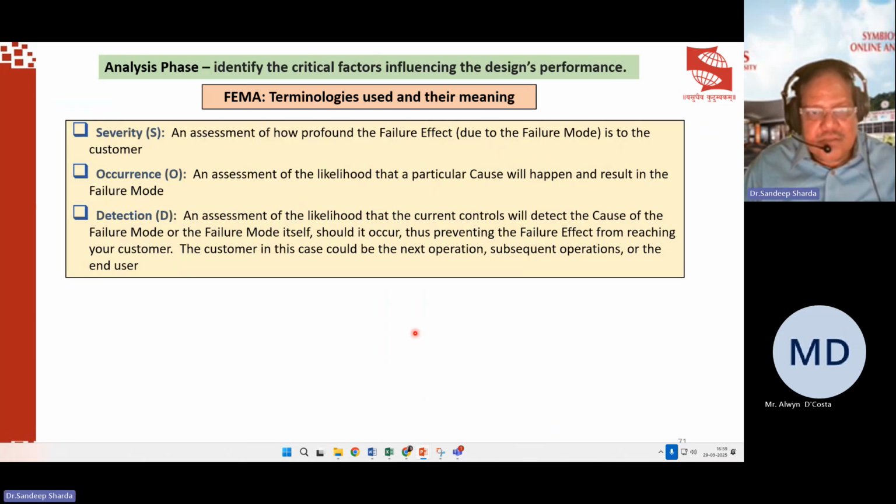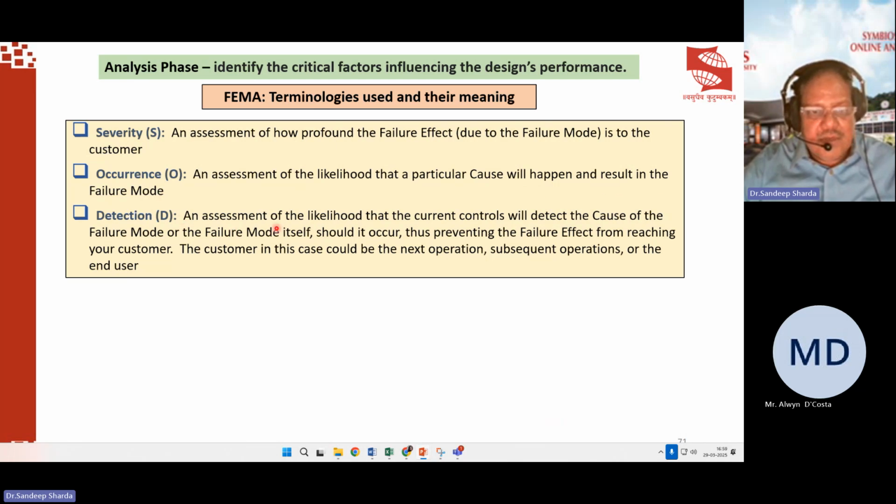Now there are some terminologies used in FMEA. Severity is an assessment of how profound the failure effect will be due to the failure mode, that is to the customer. If any equipment or item fails, like the geyser in your bathroom, then what will the severity be? Occurrence is an assessment of the likelihood that a particular cause will happen that results in the failure mode.